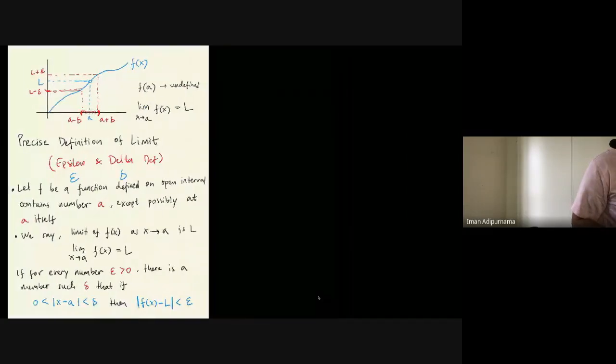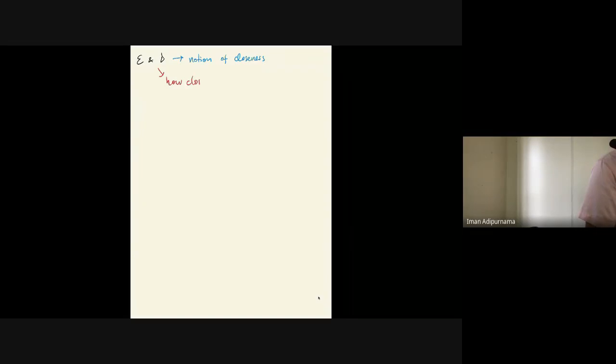I will write that epsilon and delta is actually maybe a notion of closeness, how close it is to x or to the f of x.